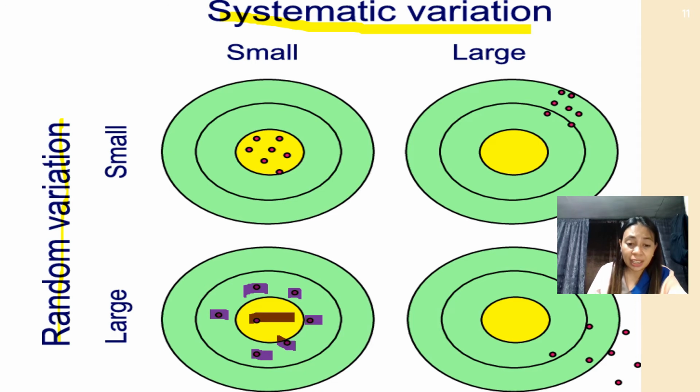So if this is the case, your random error is very large, but your systematic error is small.